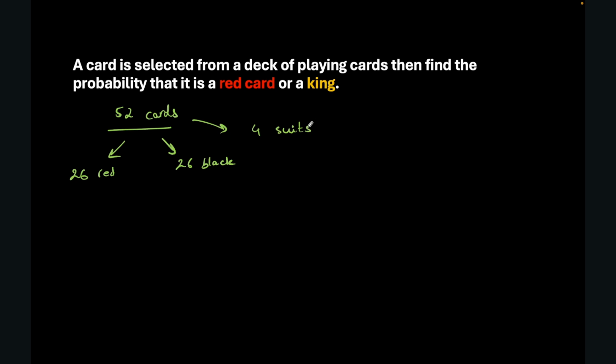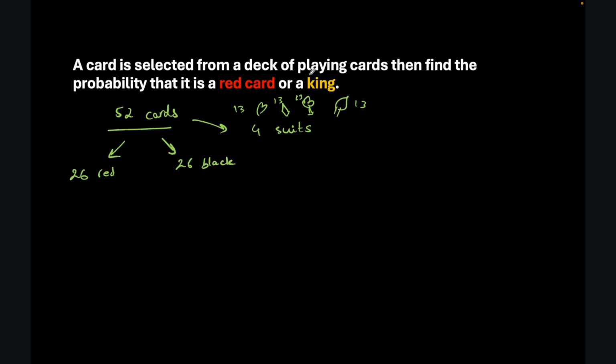I'm not exactly sure, I think it's 4 suits. If I'm wrong, I'm sorry, but yes, there are 4 suits. You have your heart, you have your diamond, you have your clover, and I think it's spade. There are 13 of hearts, 13 of diamonds, 13 of clovers, and 13 of spades.